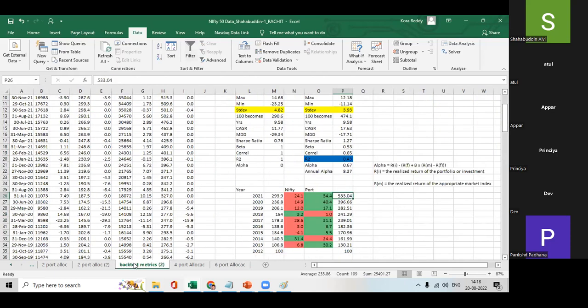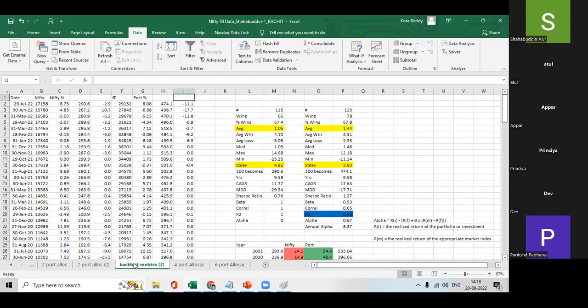Actually, we are down by 11%, whereas Nifty is down by 2.5%, 3%.